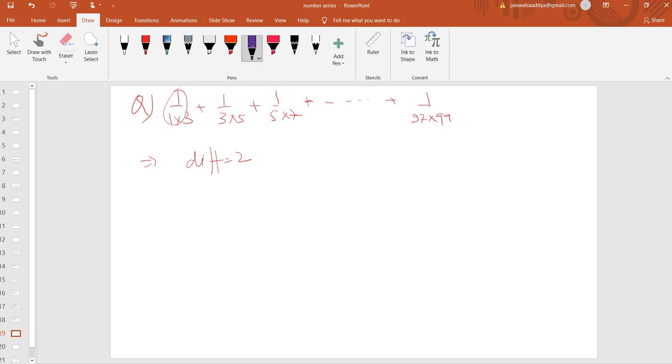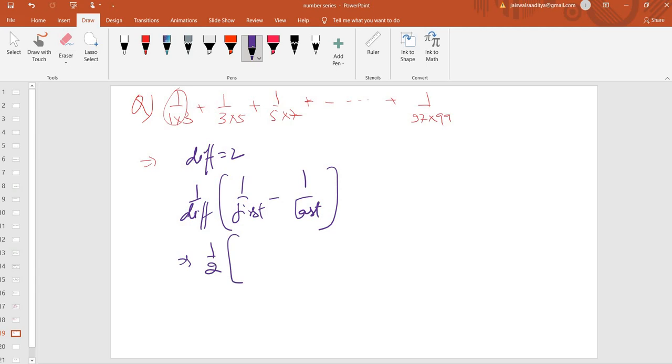The formula was difference, 1 upon first minus 1 upon last. So the difference is 2, first is 1 by 1, last is 1 upon 99. So 98 by 99 into 1 by 2. This is the answer you are going to get. Correct?